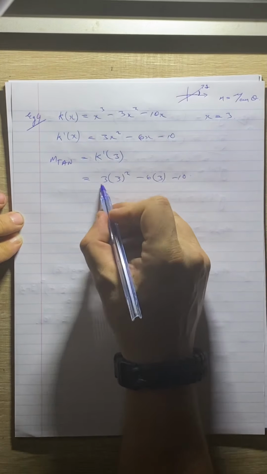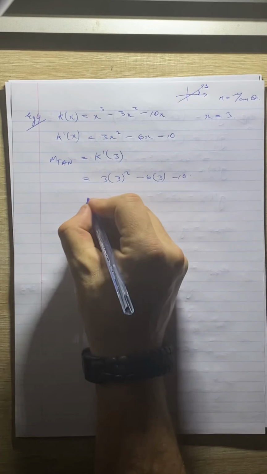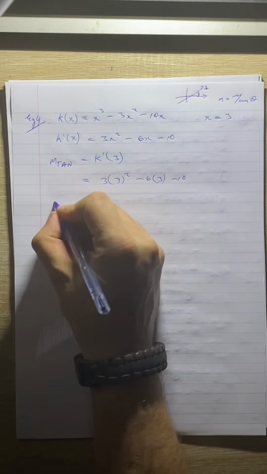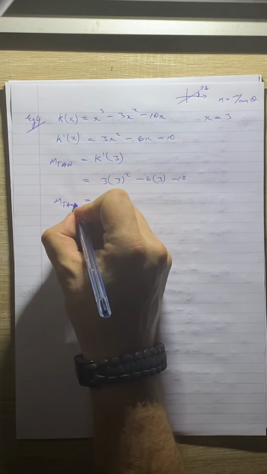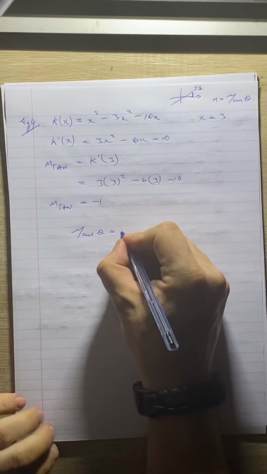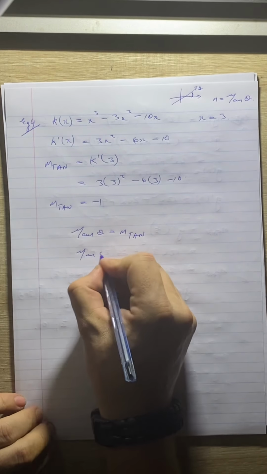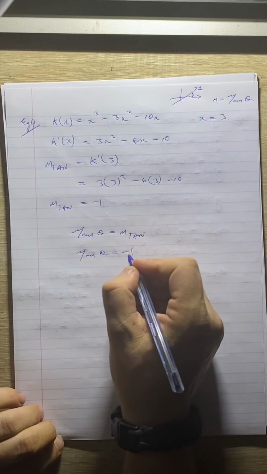So that gives us 27 minus 18 minus 10 gives us minus 1. Okay, so that's the gradient of the tangent. So tan theta equals the gradient of the tangent. So tan theta is equal to minus 1.